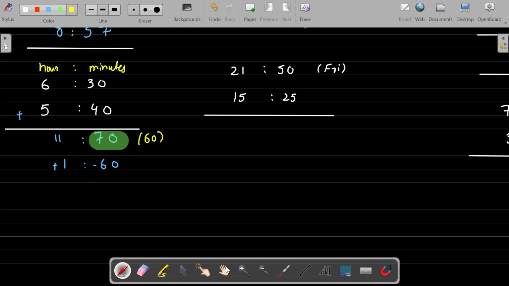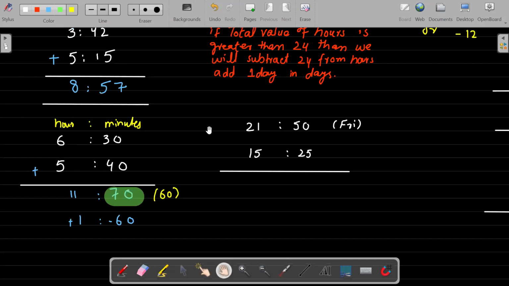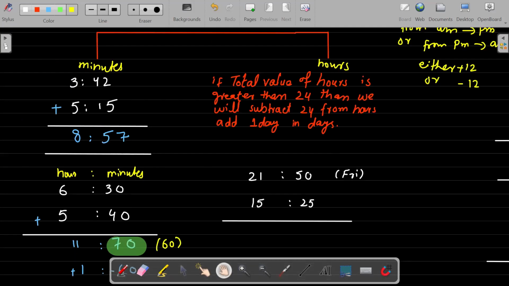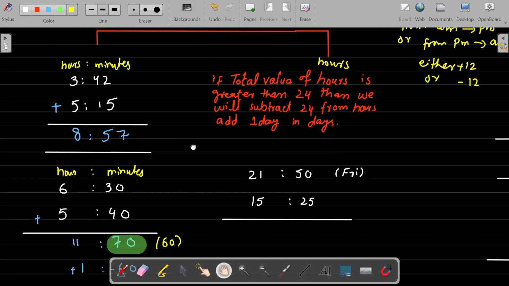As you know, this one is hours, and after the colon it shows minutes. In the same way, in the above question we also did this. It doesn't say that this is minutes; actually, this one is hours, and after the colon it is minutes. Understood?